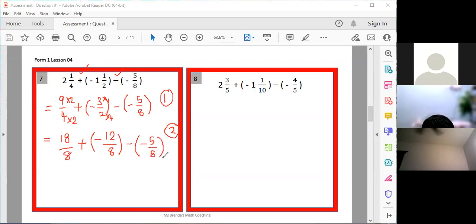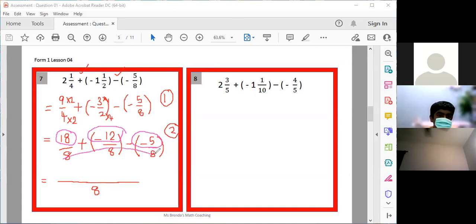Now only we are going to use our knowledge of negative and positive numbers to work it out. How? Make a long line here and put the common denominator 8. Now 8 is not a problem. Our challenge is only the numbers on top. We only attack the numbers on top. The number at the bottom, done. Do you understand?